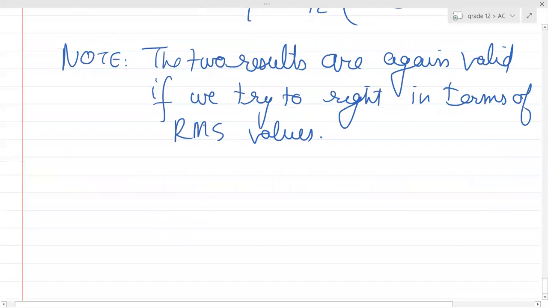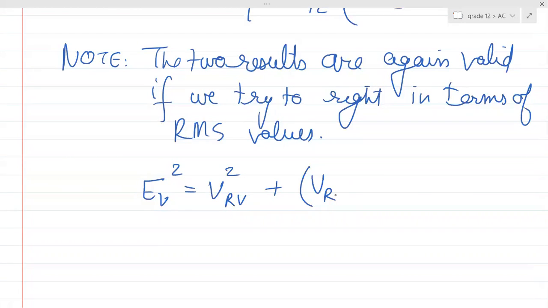In place of writing the peak values, if we write the RMS values also, then those results are still valid. Instead of writing peak values, I'll write everything in terms of RMS.